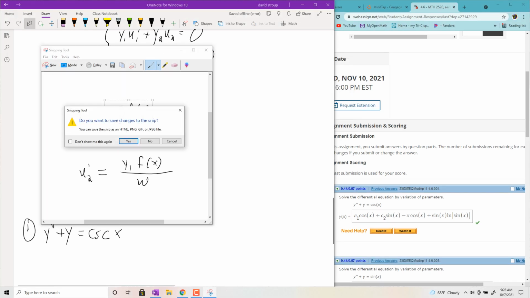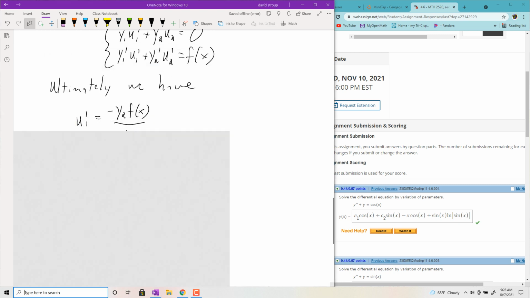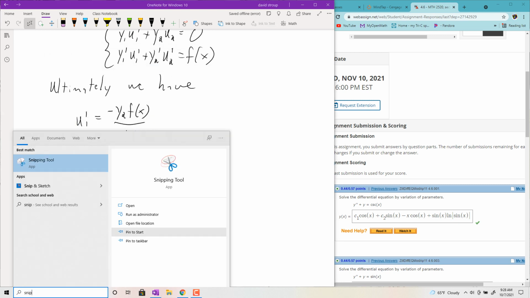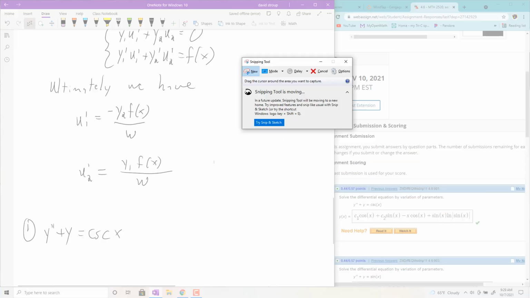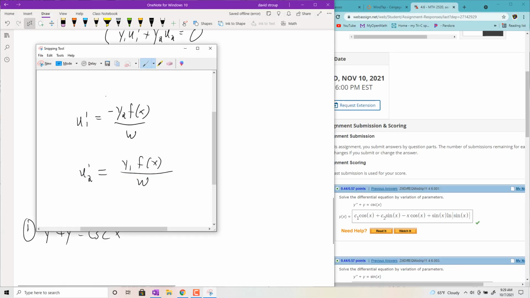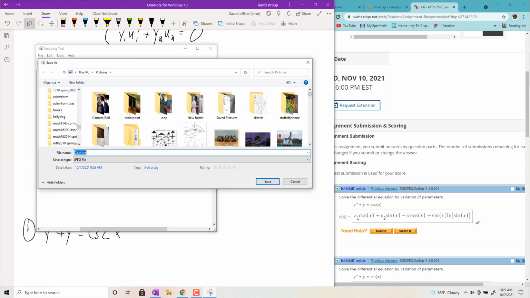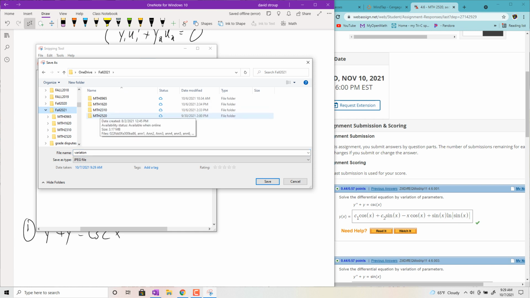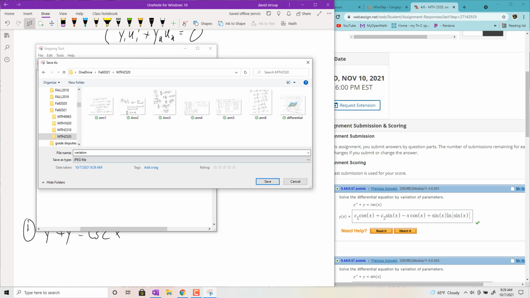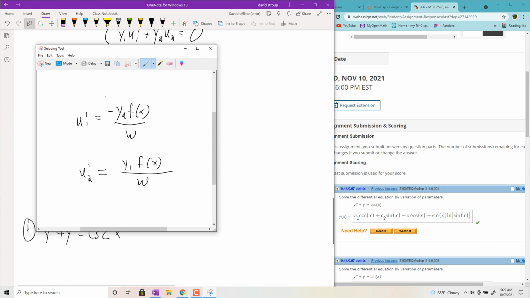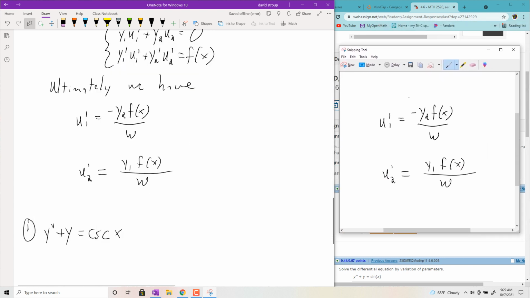I accidentally closed out the program, so let's go back here. As I do my homework, I have these two formulas in front of me. Save as variation of parameters. I'm just going to put this to the side so I have it as I go through.